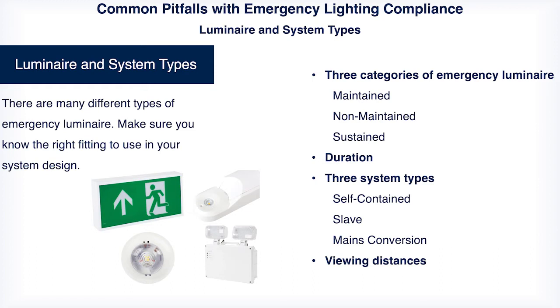Obviously, the key aspect to the luminaire types is the duration. Over 98% of luminaires installed in the UK for emergency lighting are for 3-hour duration. In the old days, the 3 hours was determined because that's how long you would need to consider for the emergency services to turn up at any premises, and so the emergency lighting would stay on for that period of time.